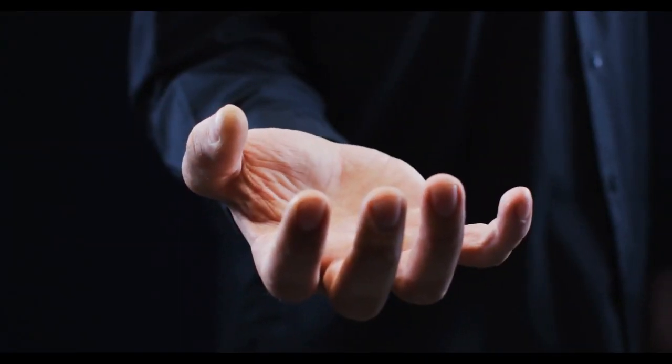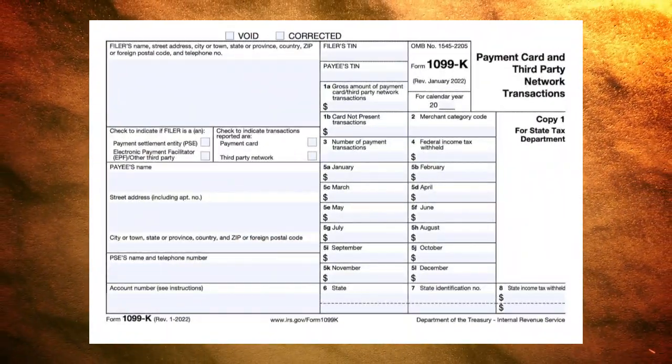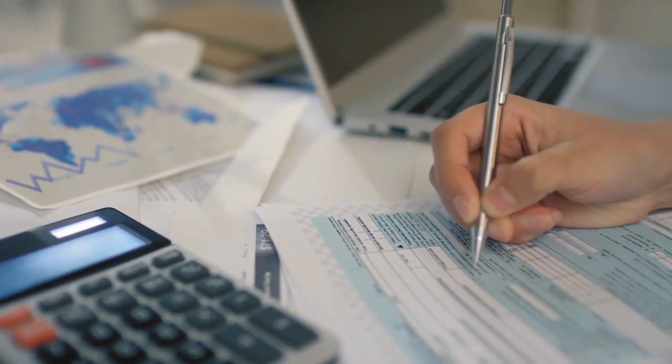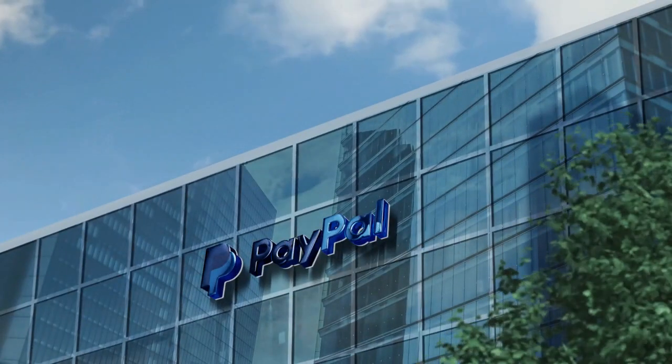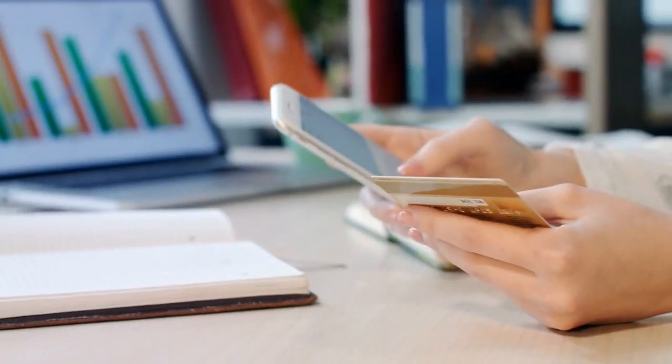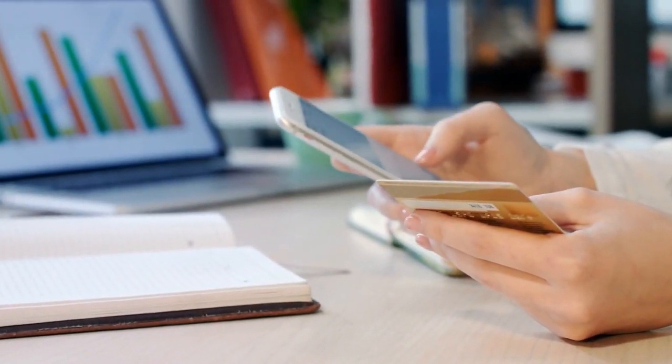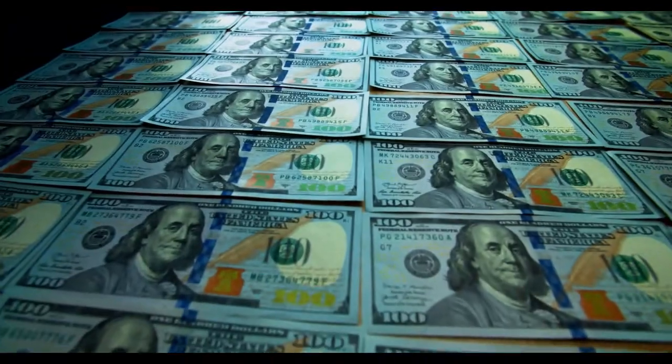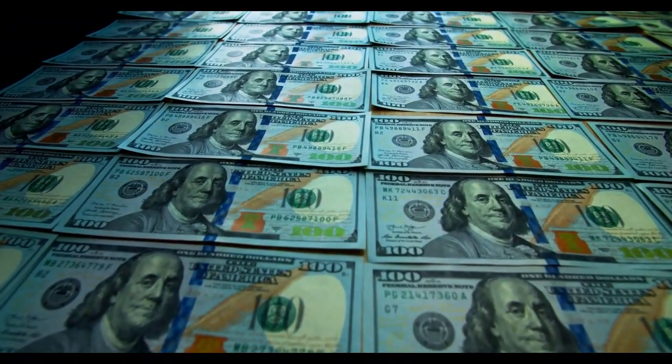On the other hand, the 1099K is used by payment processors and platforms like PayPal or Stripe to report payments made to individuals when their transactions exceed a certain threshold, typically $20,000 and 200 transactions annually.